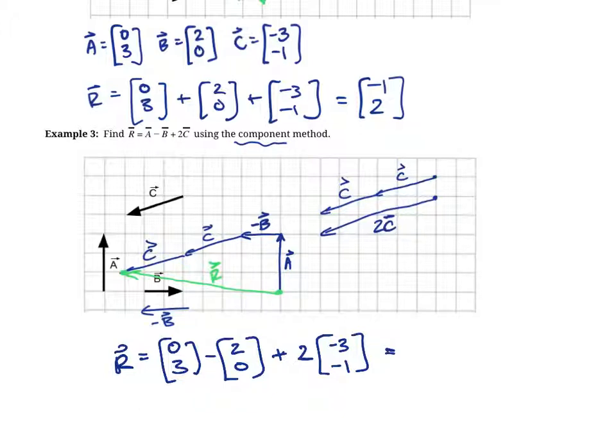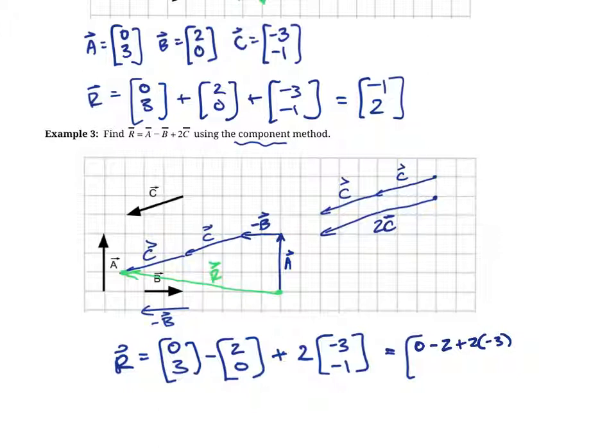So in order to calculate this, I'll just show the calculation for this first one. We're going to do 0 minus 2 plus 2 times negative 3, right? Think of this 2 as multiplying both of the components of the vector, because it's basically doubling the length of the vector, so it's doubling the x part and doubling the y part. So really the operation you're doing here is 0 minus 2 plus 2 times negative 3.